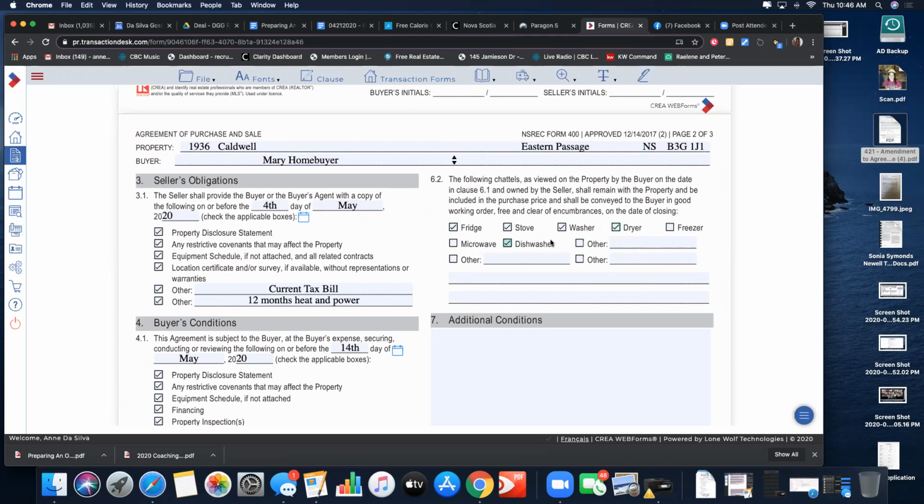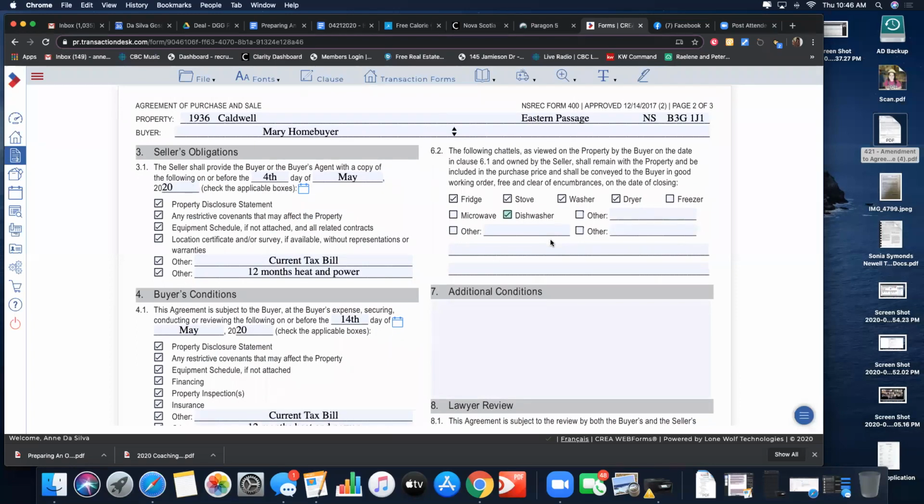What if they didn't view it? What do they put down in 6 point at the bottom?